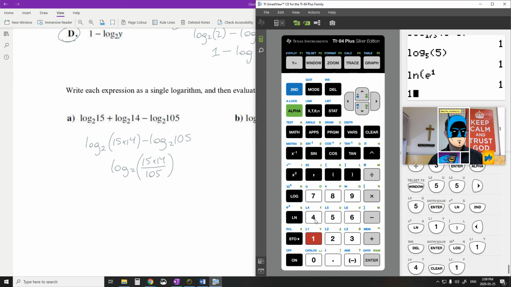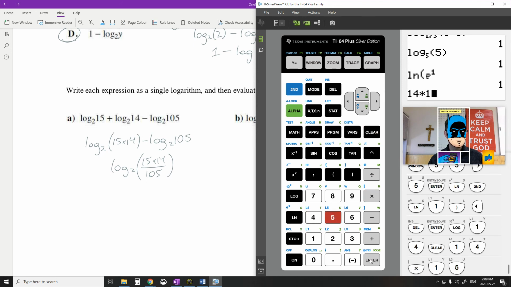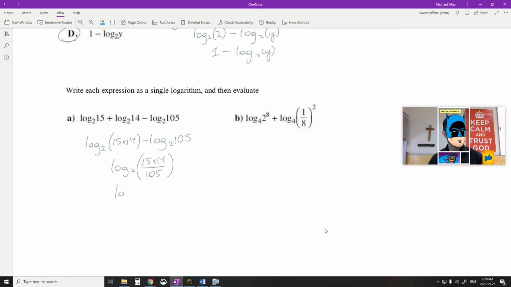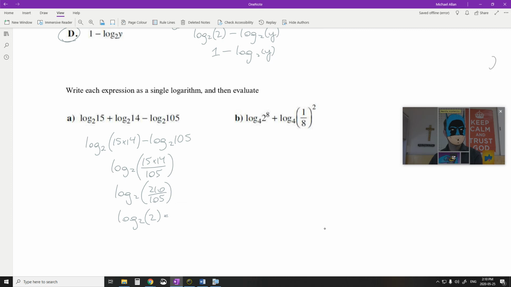Actually, what is 14 times 15? It's 210. So this would be log base 2 of 210 over 105, which is log base 2 of 2. So there we go, equal to 1. Cool, that worked out for us.